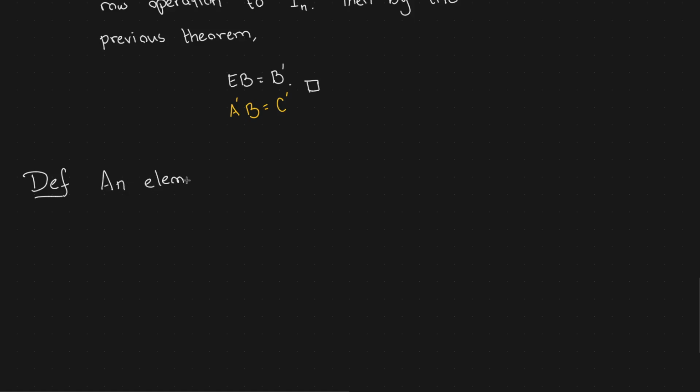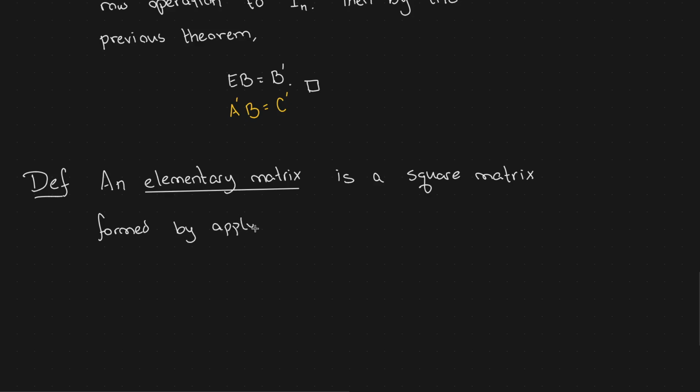An elementary matrix is a square matrix formed by applying a single elementary row operation to the identity matrix.